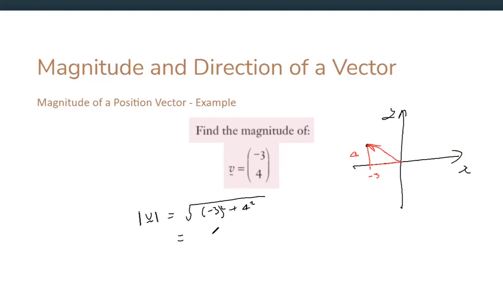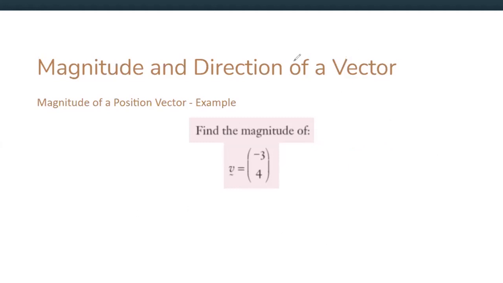The square root of (-3) squared is 9, plus 4 squared is 16. So 9 plus 16 gives us the square root of 25, which is equal to 5. So that means that the magnitude of this vector v, meaning its length, is going to be 5. And that's it. That's relatively simple, and that's how you find the magnitude of a position vector.